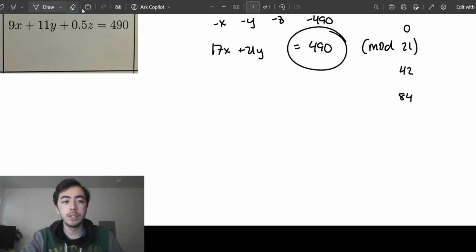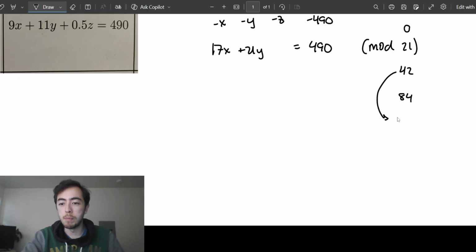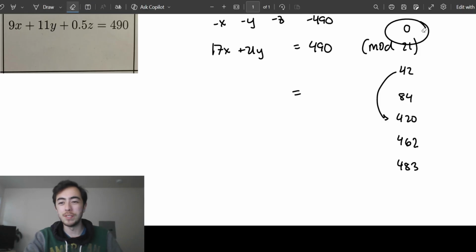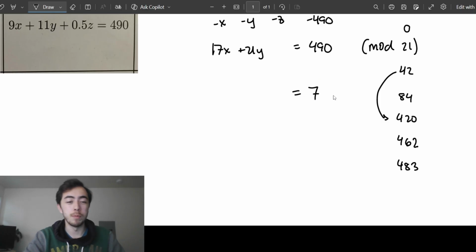I'm trying to get close to this 490, and I think it'd be pretty quick to jump up to 420, maybe add on another 42, and then I guess add on another 21. And so I can see that I could take out a whole bunch of 21s from this number. Technically, it's just a whole bunch of zeros. Maybe a little bit weird if you haven't worked with modular arithmetic before, but in this kind of system, 490 is just going to be the same thing as the number 7.